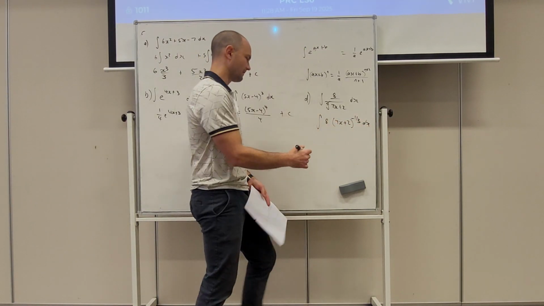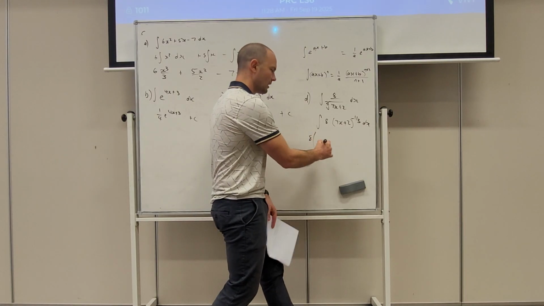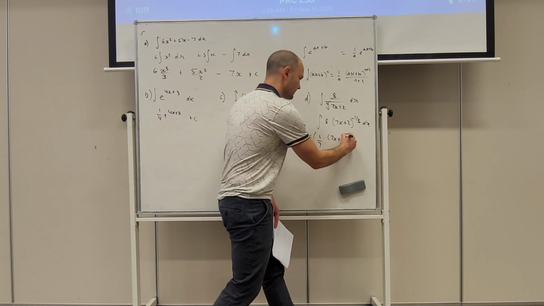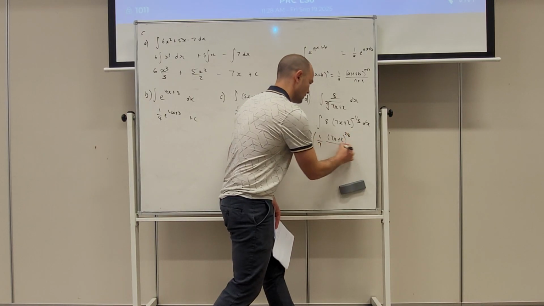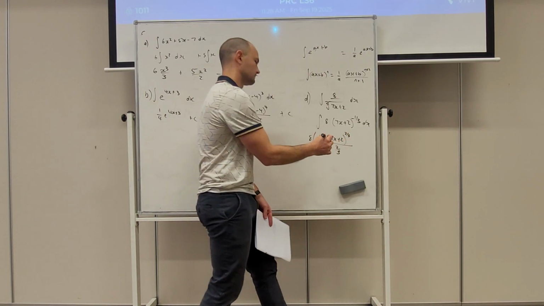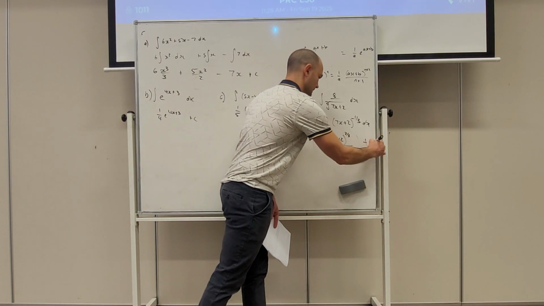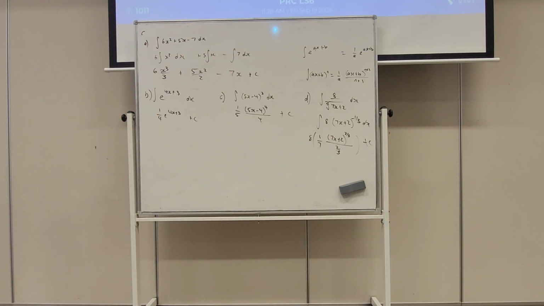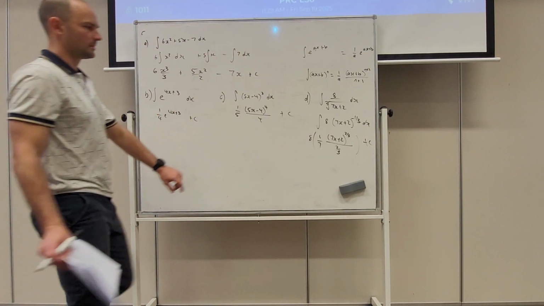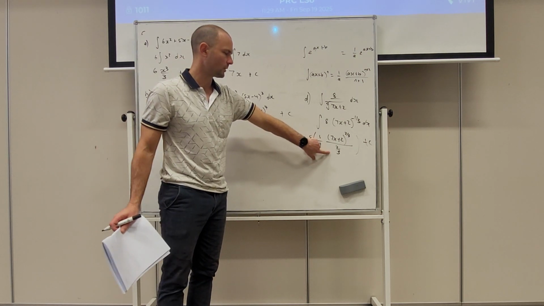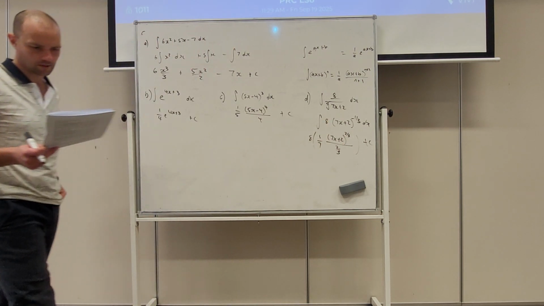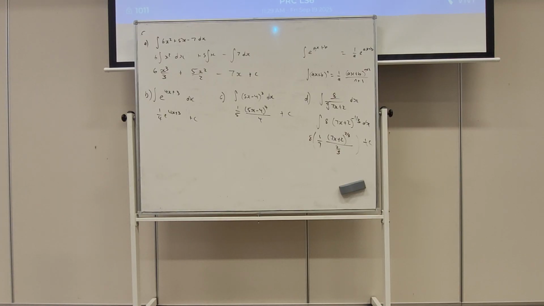And then the 8's going to hang out the front, and we're going to have 1 on a, ax plus b to the power of n plus 1 on top of n plus 1, and then plus c. And we could simplify that. It's going to become 24 on 14, 7x plus 2 to the power of 2 on 3. Very good, so that's A, B, C, D.